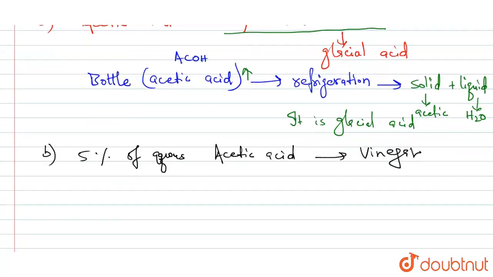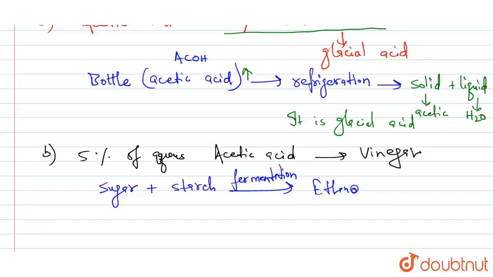And how is vinegar prepared? Vinegar is prepared by, we are having sugar plus starch, and we make this go through the fermentation process, and when it is fermented, we get ethanol.